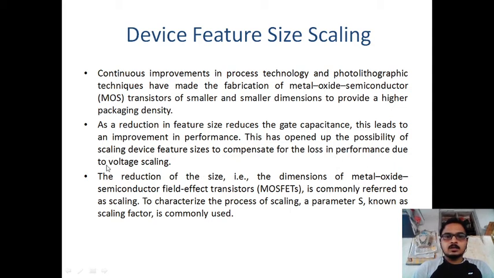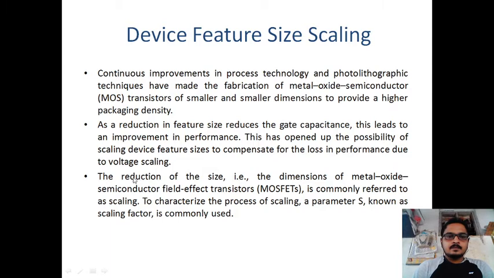Generally, when we do voltage scaling, the performance decreases. But when we do device scaling, the performance increases. Means when we do device scaling together with voltage scaling, we will get moderate performance.